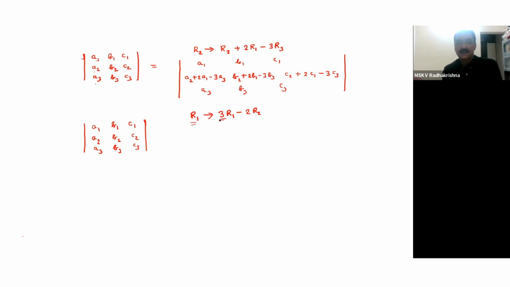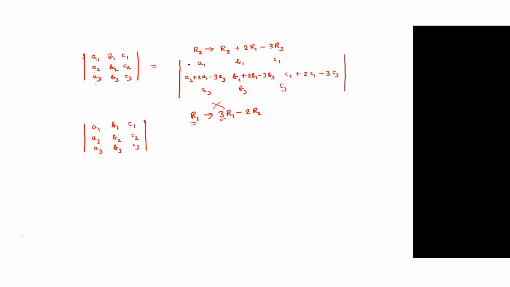While changing R1, you should not multiply R1 by any number. So this operation is wrong. If you apply this operation, the value won't remain the same. Understood? Is it clear, Sarath? Yes, sir. Okay.